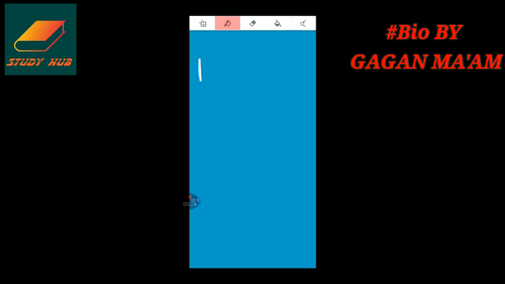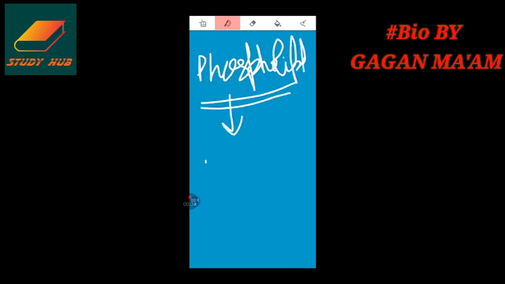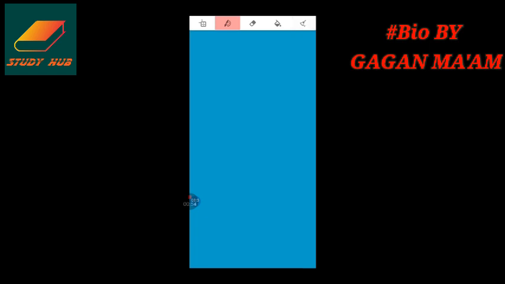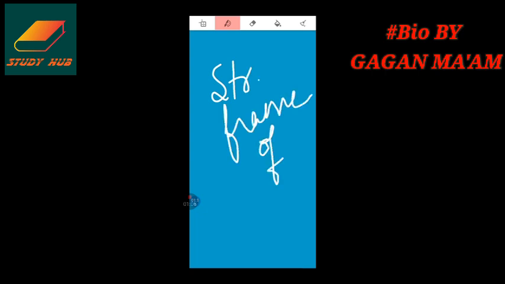Now we will talk about phospholipids. These are the main component of the cell membrane or plasma membrane, because they form the continuous structural frame of the cell membrane.